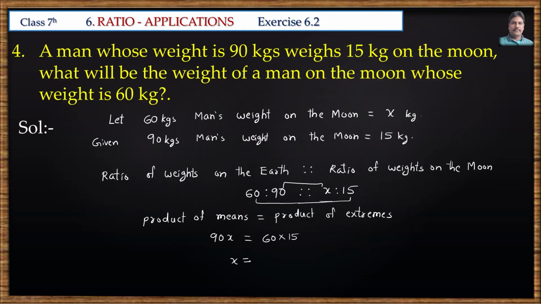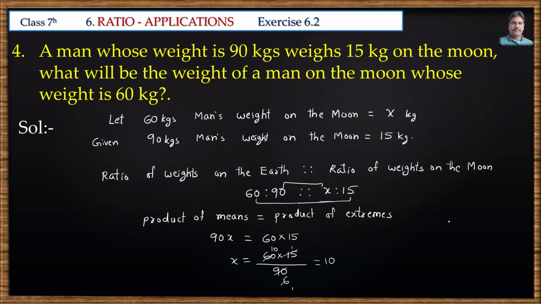X is equal to, take this 90 to the right side, it will divide 60 into 15 divided by 90. Cancel this 90 in the 15 table. 15 ones are 15, 15 sixes are 90. Now the 60 will be cancelled in the 6 table. 6 ones are 6, 6 tens are 60. So this will be 10 into 1, 10 ones are 10.